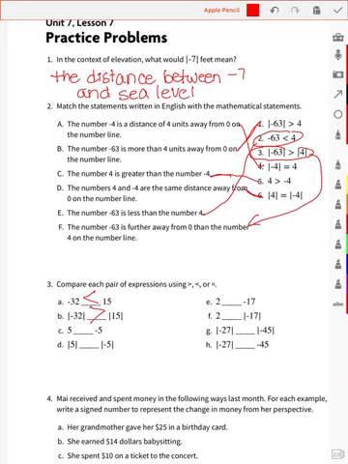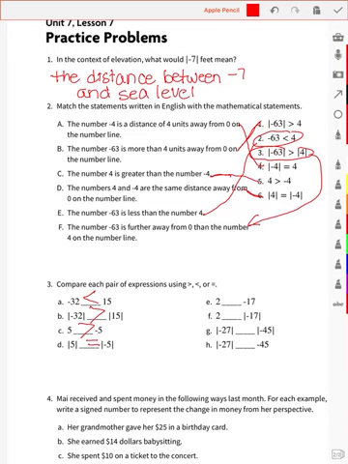C, 5 is greater than -5. So when you have those absolute values, it's the positive value. So that's what you have to look for on these. D, the absolute value of 5 is 5. And the absolute value of -5 is also 5. So these two are equal.